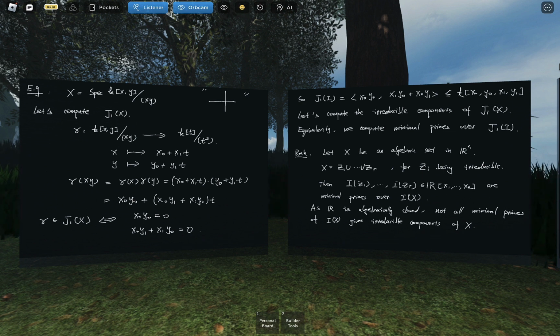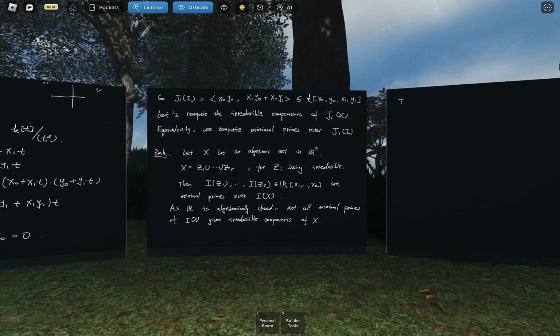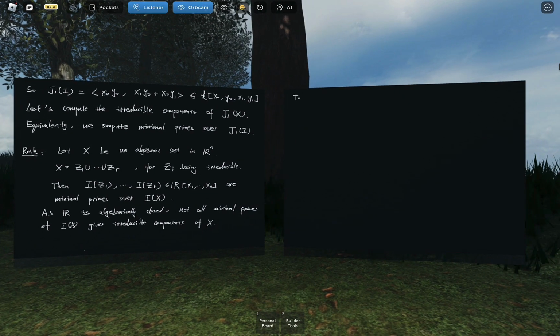So what we should do is compute all the minimum primes over I_X and check one by one which one gives an irreducible algebraic set, and these will be the irreducible components of X. So to find the irreducible components of X, we first compute the minimum primes over I_X.